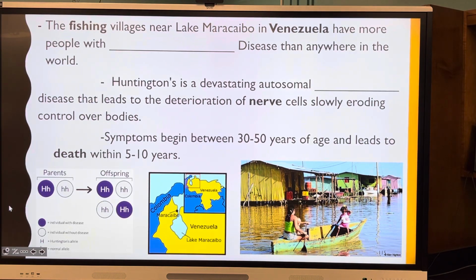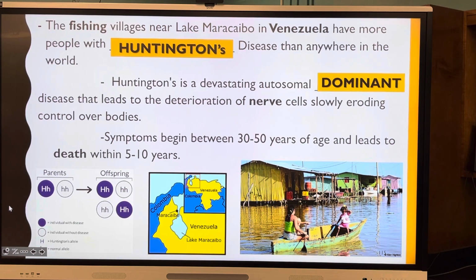Here's another one. Fishing villages near Lake Maracaibo in Venezuela have more people with Huntington's disease than anywhere in the world. Huntington's is a devastating autosomal dominant disease that leads to the slow deterioration of nerve cells, eroding control over bodies.